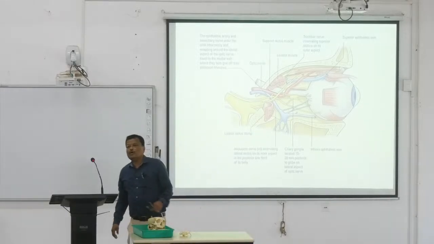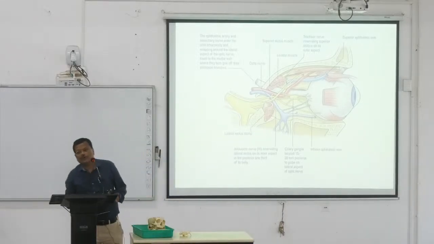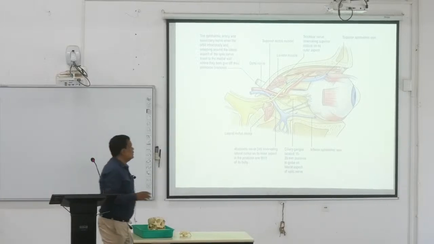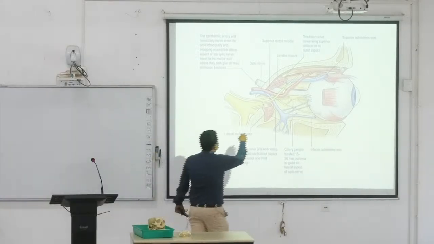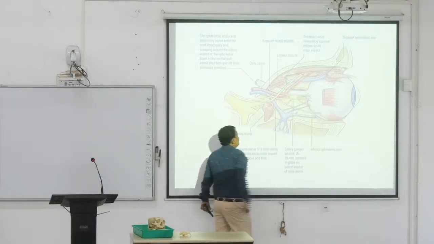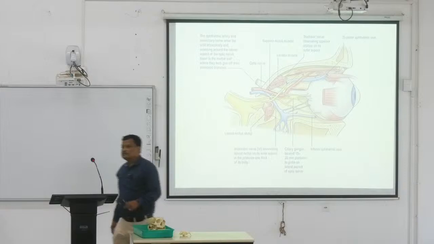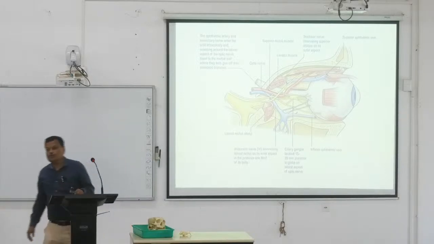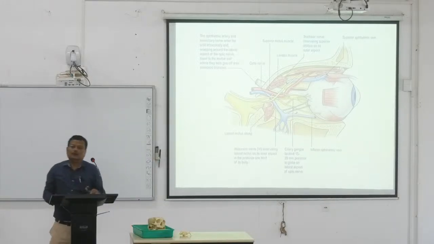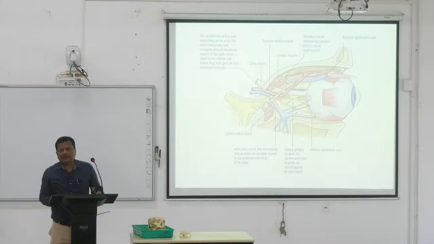Vein, superior ophthalmic vein, inferior ophthalmic vein, nerves, very, very important. Second nerve, optic nerve, and also third, fourth, sixth cranial nerves, oculomotor, trochlear, abducens. Also, ophthalmic division of the trigeminal nerve.